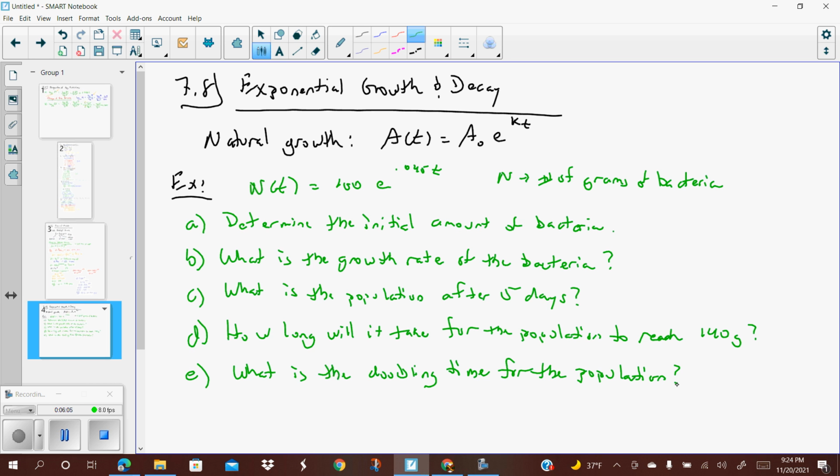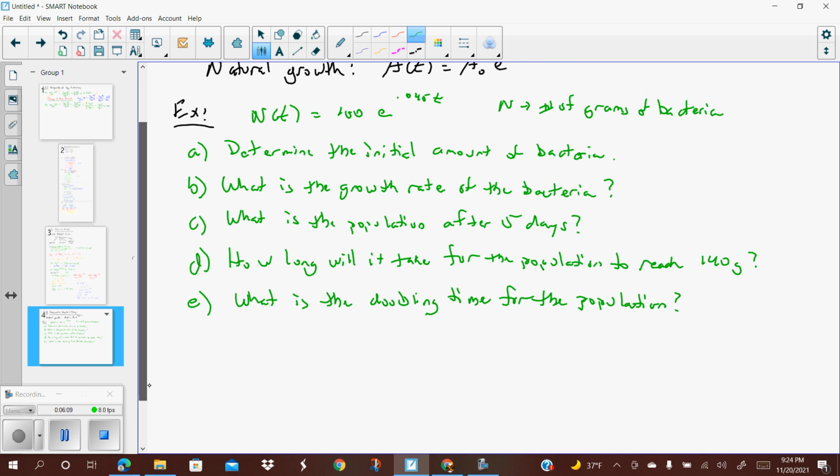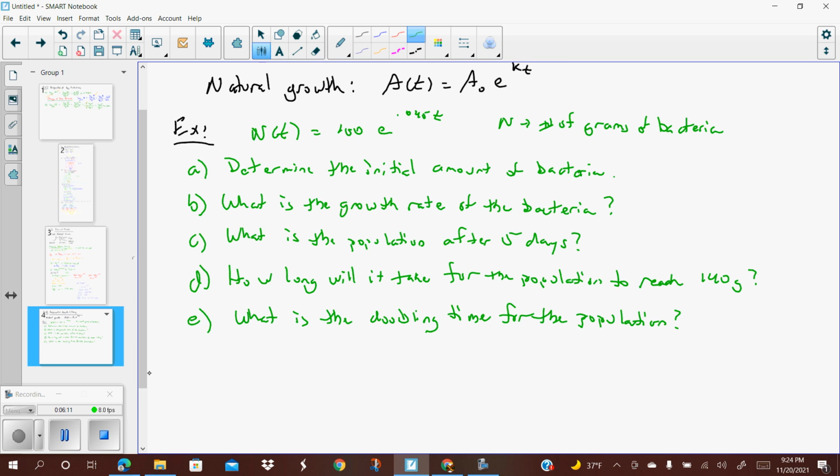All right, so the first thing says, determine the initial amount of bacteria. If you want to figure out what the initial amount of bacteria is, that's the very first thing that you start with. You can probably see it from this if you understand what I said before, that A sub 0 is basically like your principal. It's the starting amount.